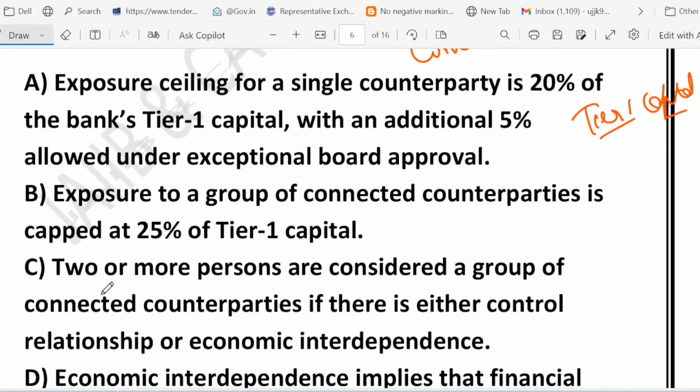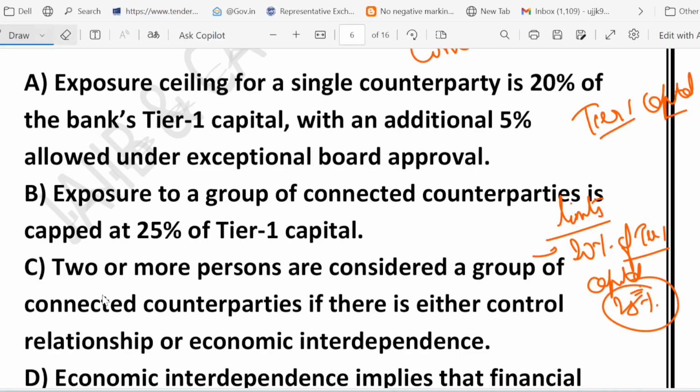So remember the limits. What are the limits? For a single borrower or single counterparty, maximum exposure is 20% of tier 1 capital. In a special case, with board approval, it can go up to 25%.